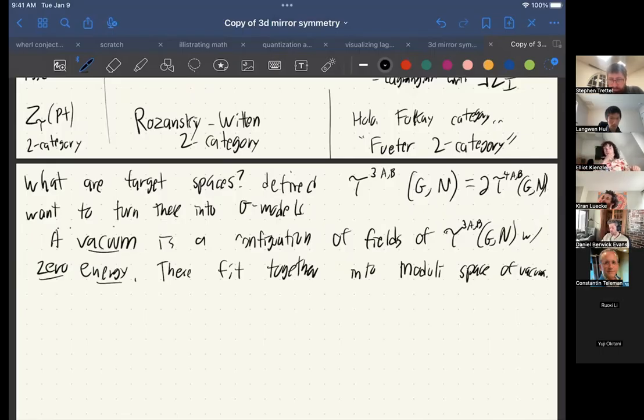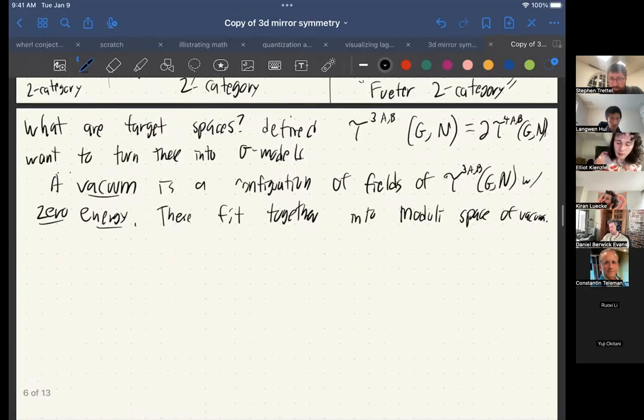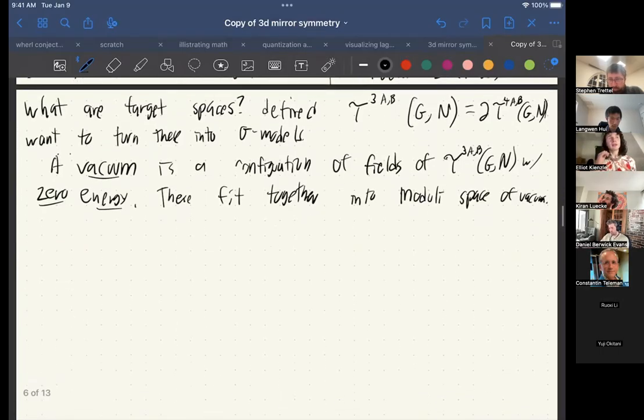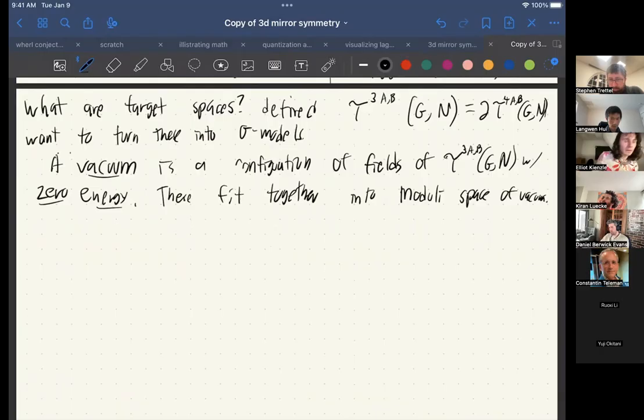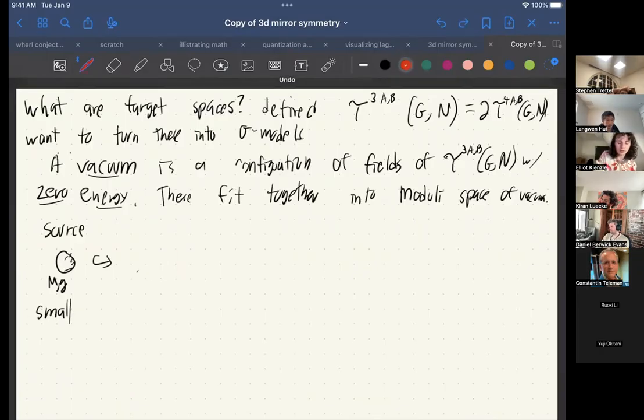And why do we care about this? Well, because here's a very general thing that we can do to quantum field theories. Right now we should think about this before we're topologically twisting, so that we remember the metric. The source is going to be a small manifold. If we make our source small, then it will embed into the space of fields, which is a very, very large dimensional space in some way.